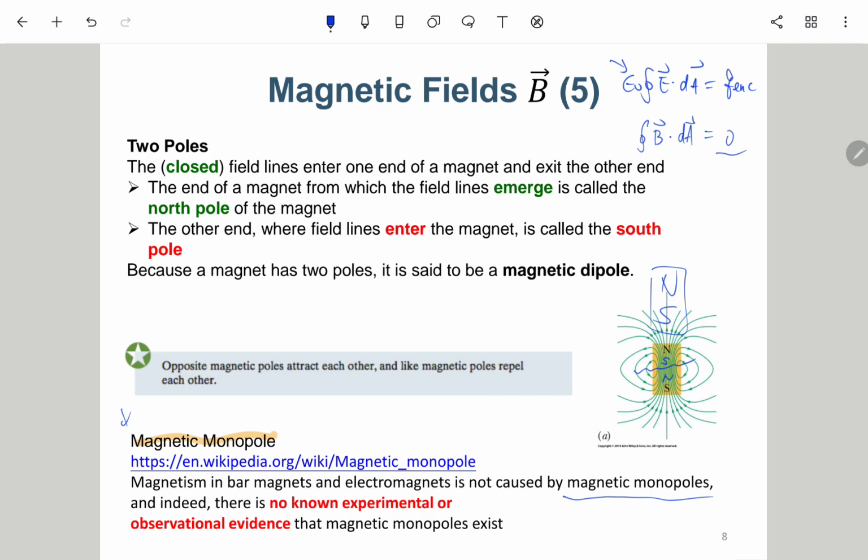The electric dipole is formed by positive and negative charge, and you can separate it into positive charge or negative charge. But here you cannot have a magnetic monopole. Indeed, there is no known experimental observation evidence that a magnetic monopole exists.